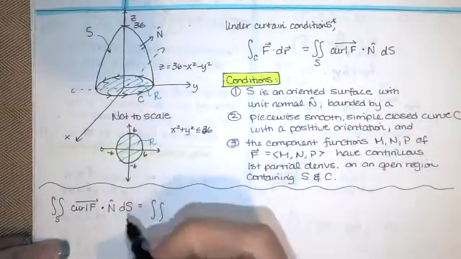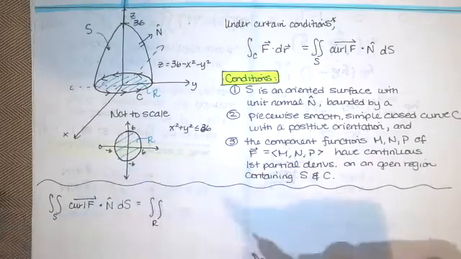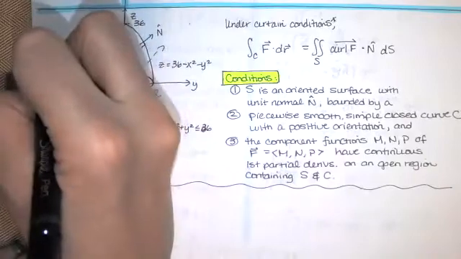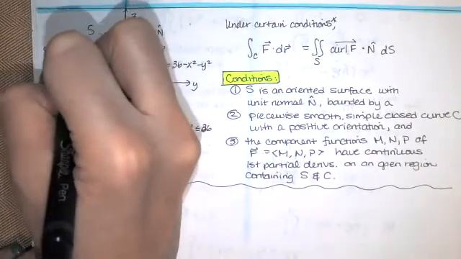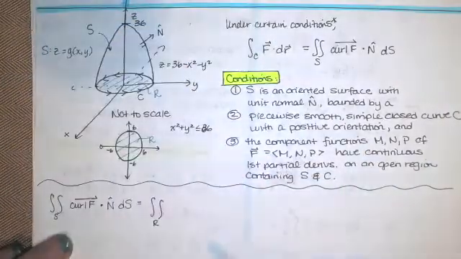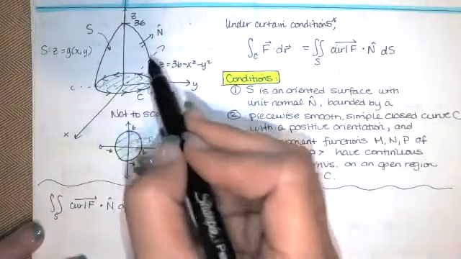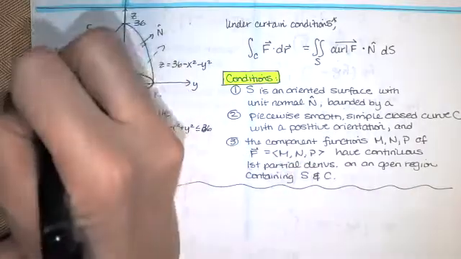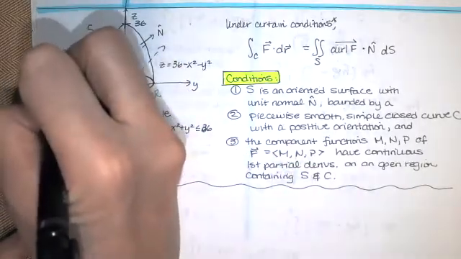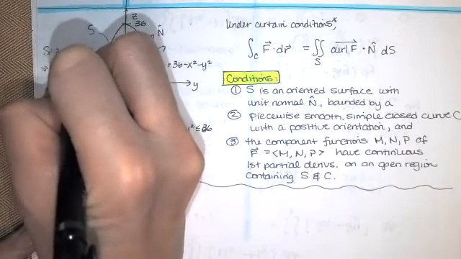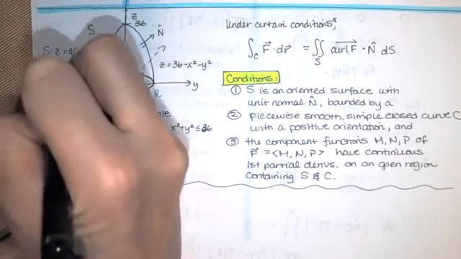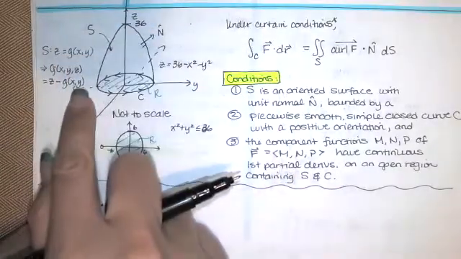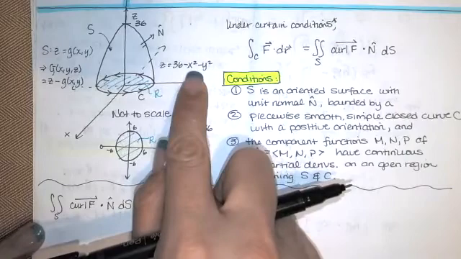So we're going to evaluate the double integral over R of the curl of f dotted with n hat. Now, if our surface S is given by z equals little g of x and y, and we want the unit normal vector to point upward rather than downward, we would define capital G of x, y, and z to be z minus this function, little g of x and y, where little g of x and y is this 36 minus x squared minus y squared.